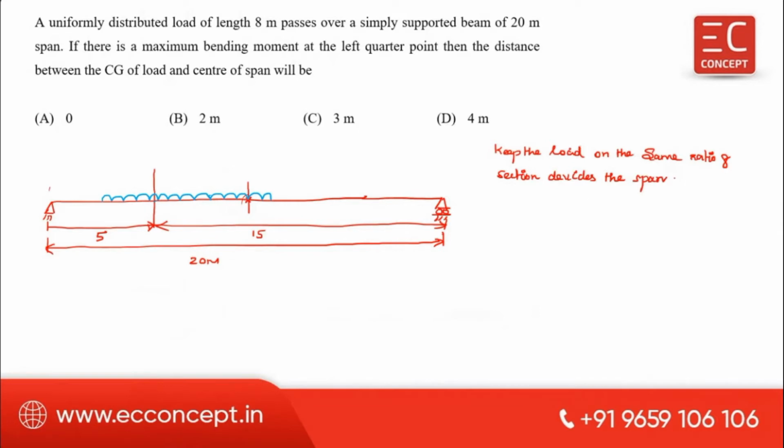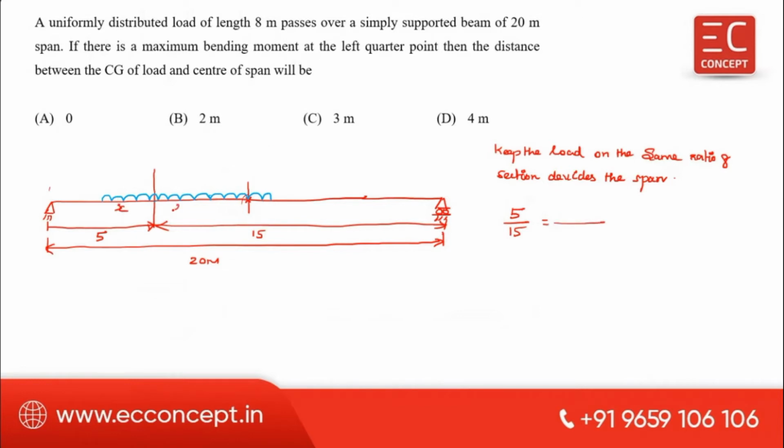So keep the load in the same ratio. What is the meaning of same ratio? The section divides the span 5/15. Yes or no? In the same ratio, the load also shall be divided.